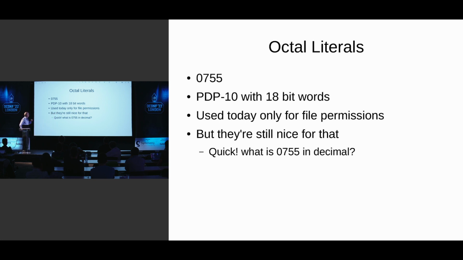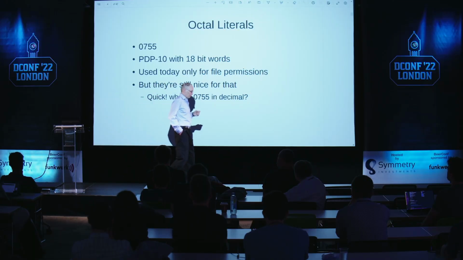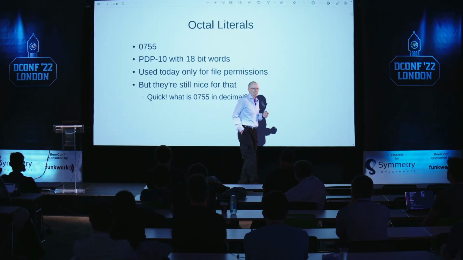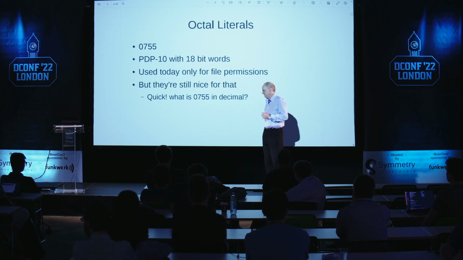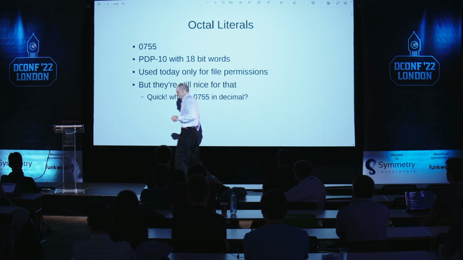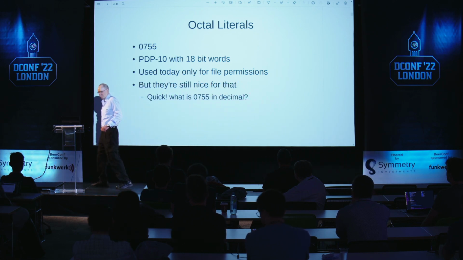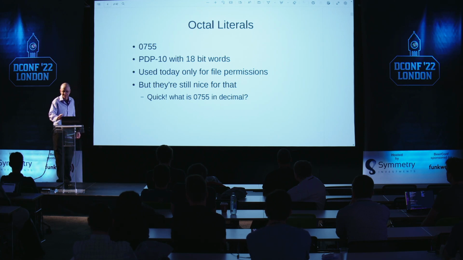Having octal is still nice for that because quick, without using your computer, what is 755 in decimal? How many of you know it? Nobody does unless you're one of those intuitive math people, which I certainly am not. I don't know what that is in decimal.